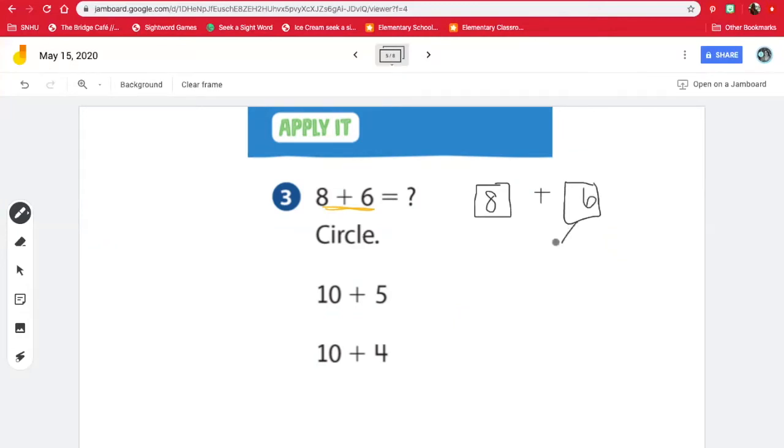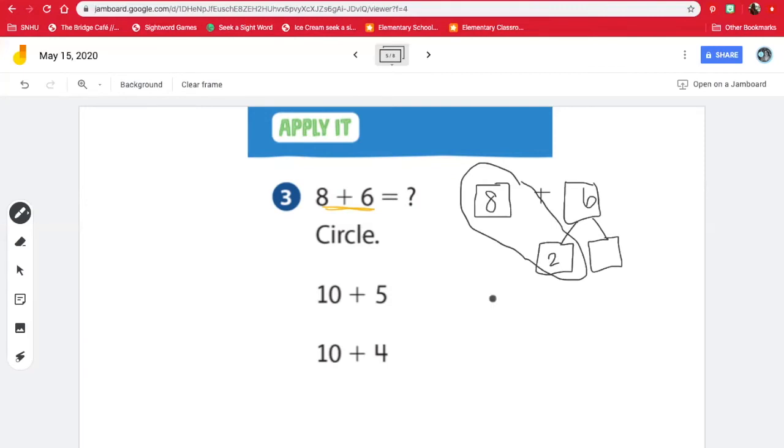And how will we make a 10? We need 8, 9, 10, 2.